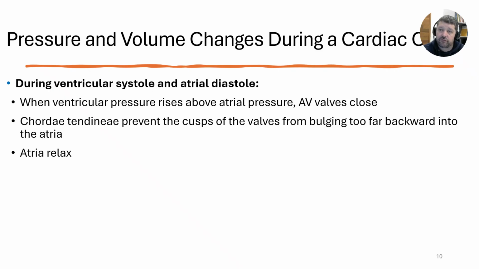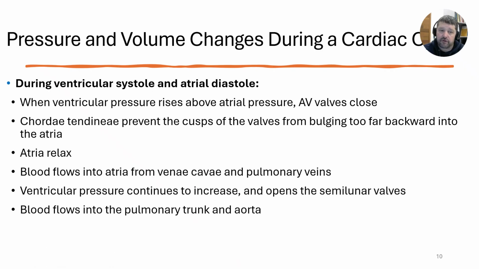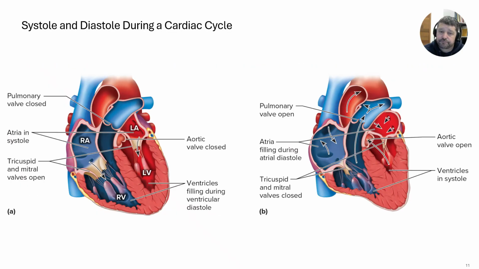The atria relax, which increases the pressure on the ventricle side of the heart. Once the atrium is relaxed, the impulse is sent to the ventricles. The pressure continues to build, and then the semilunar valves, both the aortic and the pulmonary, open up, and the blood is forced out through both the pulmonary trunk and the aorta.